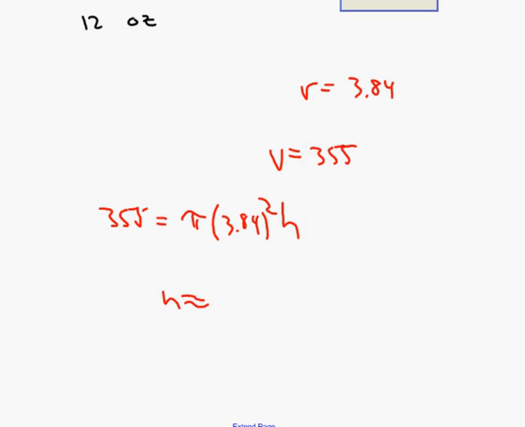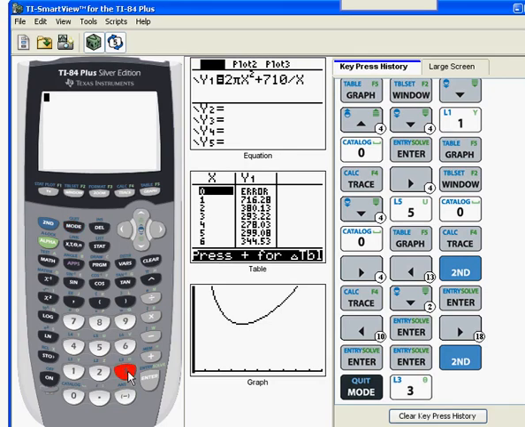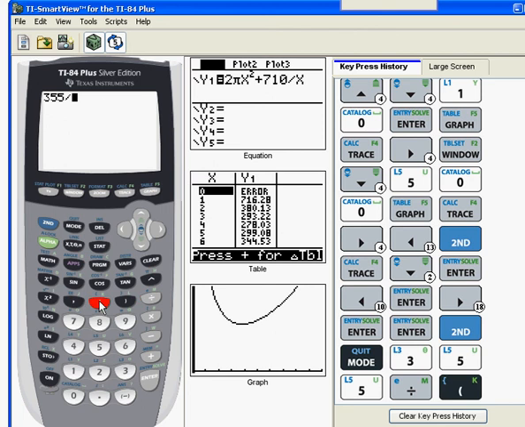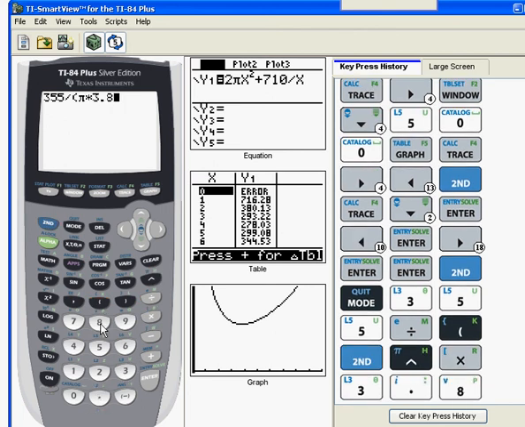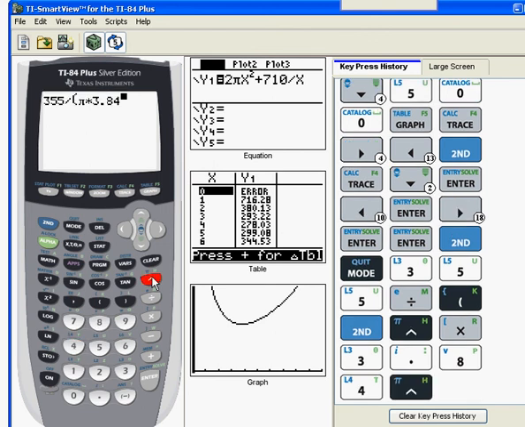And if you take a minute to solve that, see what you get. So 355 divided by, we have to divide by pi times 3.84 squared.